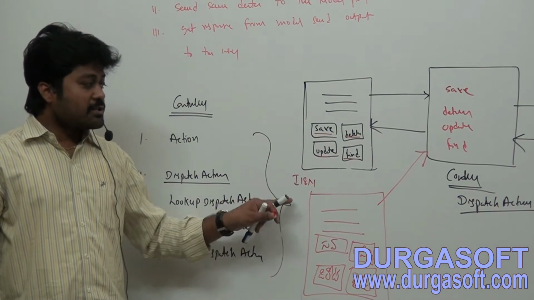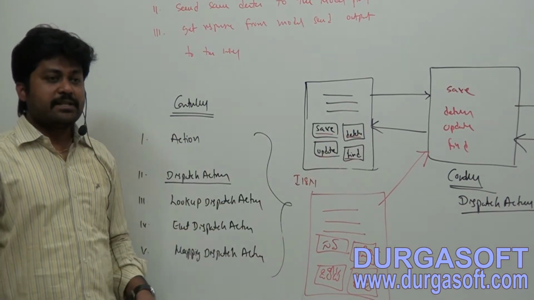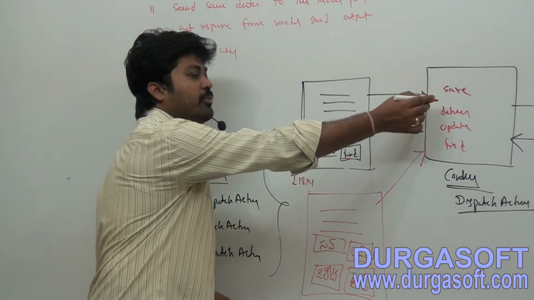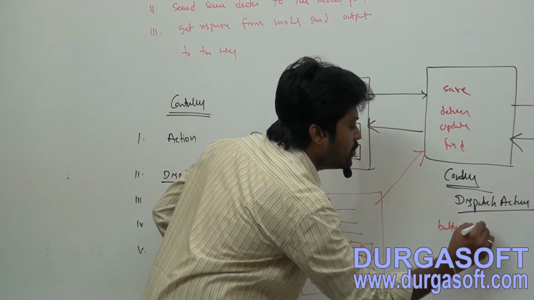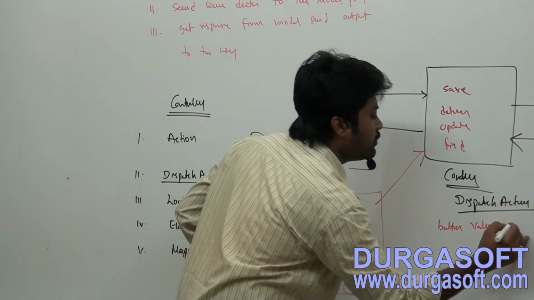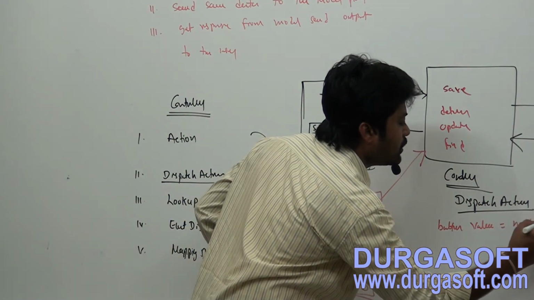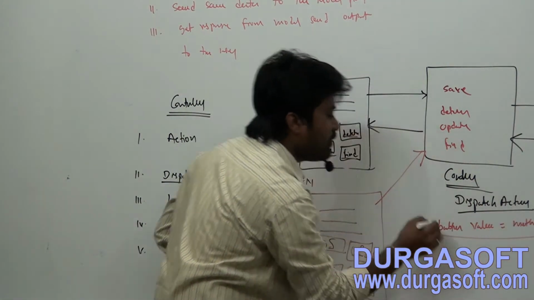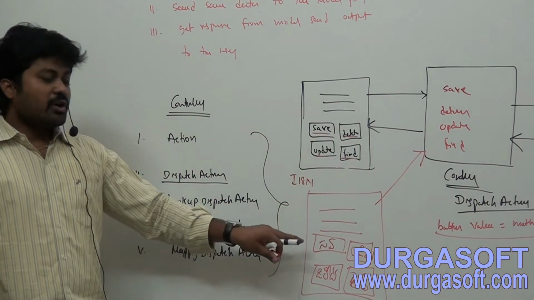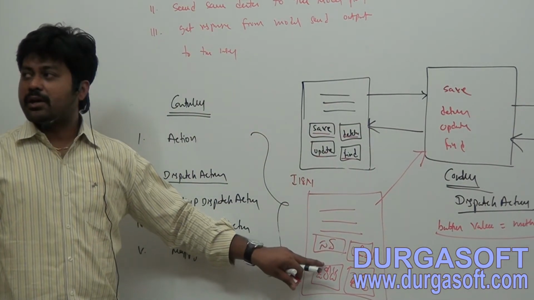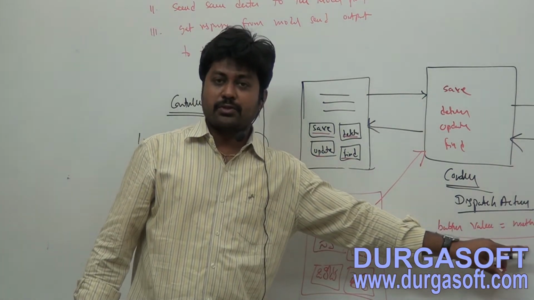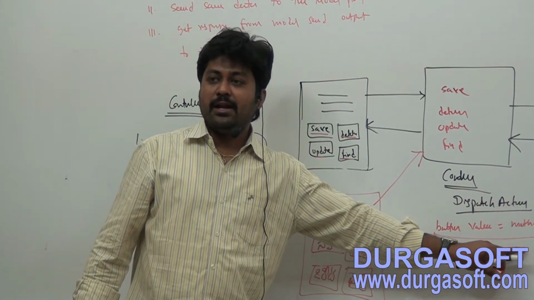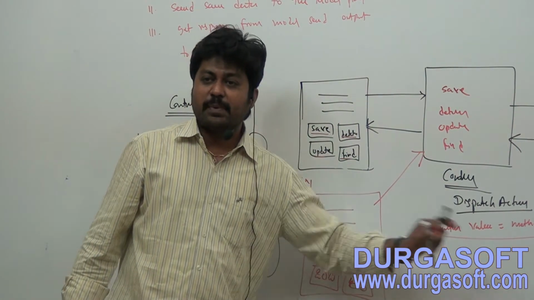So we don't have internationalization support in the DispatchAction class. We compulsorily have to maintain button value methods here. In a DispatchAction class, the button value should equal your method name. In the case of internationalization, we can't write Telugu or Hindi values for your methods. So it is not possible to handle internationalization in the DispatchAction class.